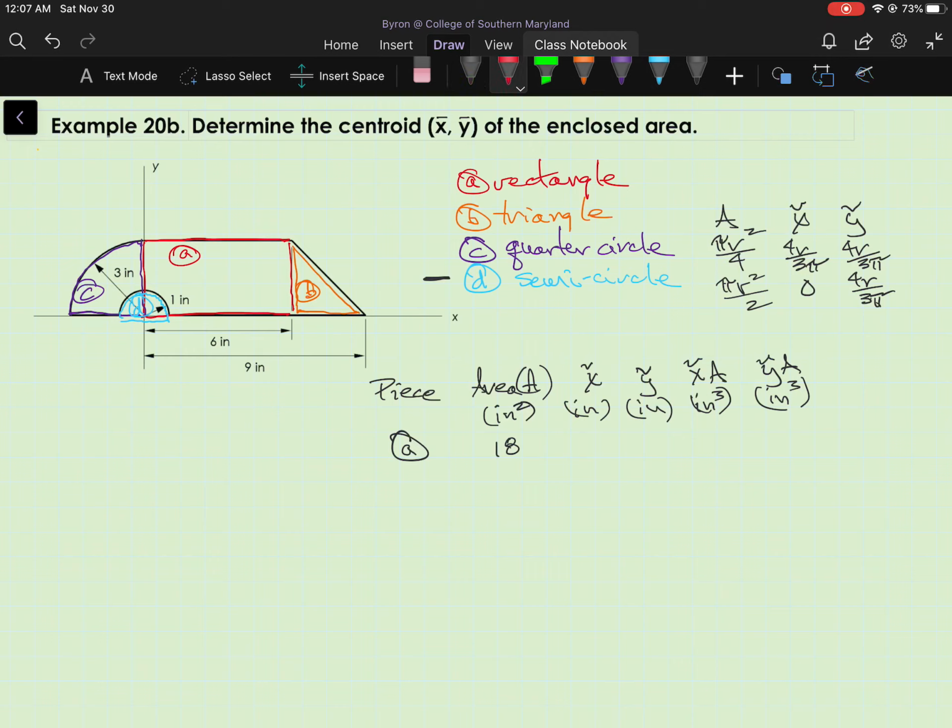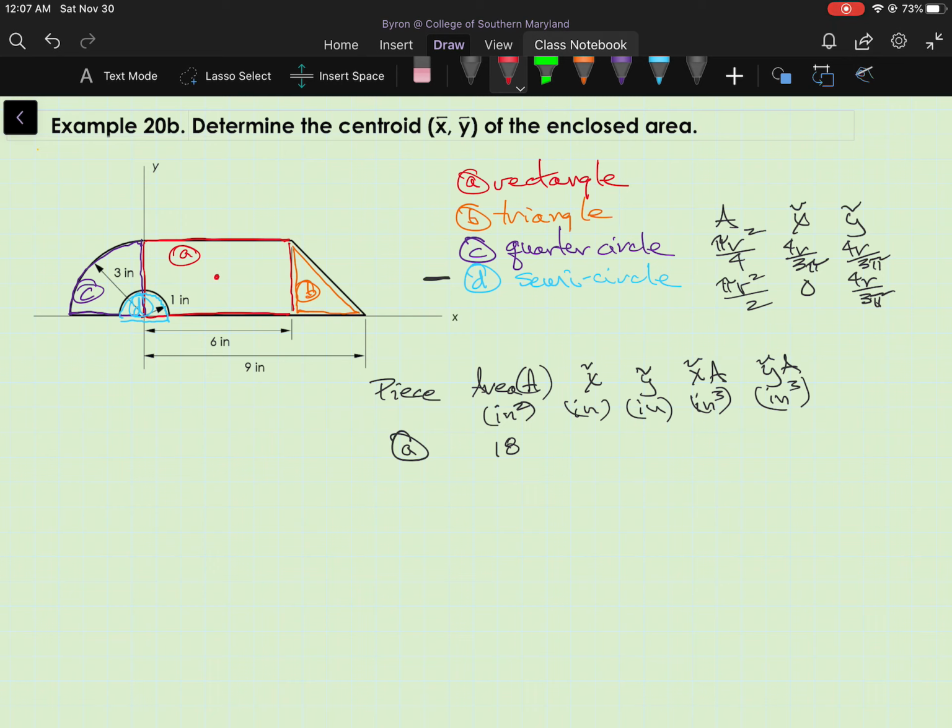I need to take into account, I need to determine the distance of the location of the centroid of the rectangle from the x and y axis.